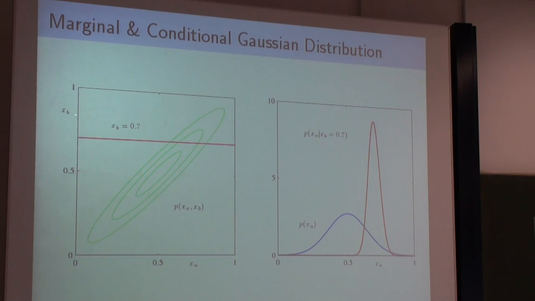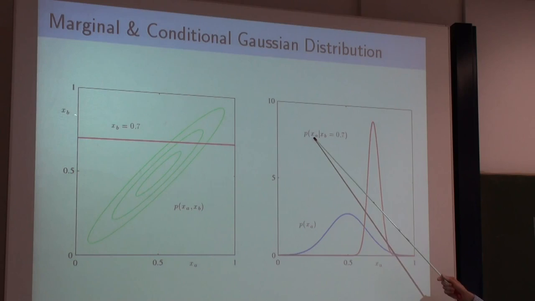But now, if we take the conditional distribution, P of xa given xb equal to 0.7, then in order to get a picture of the whole thing, we have to fix the second variable onto which we condition.